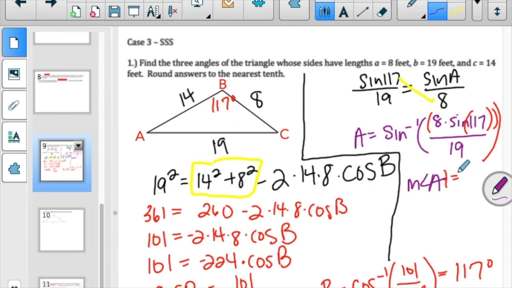Measure of angle A is 22. I agree. Then if I wanted to find the measure of angle C, I'm just going to subtract from 180. And the measure of angle C would equal what? 41 degrees.